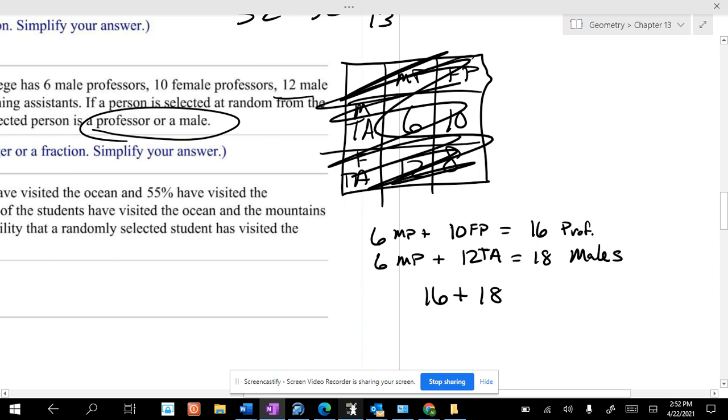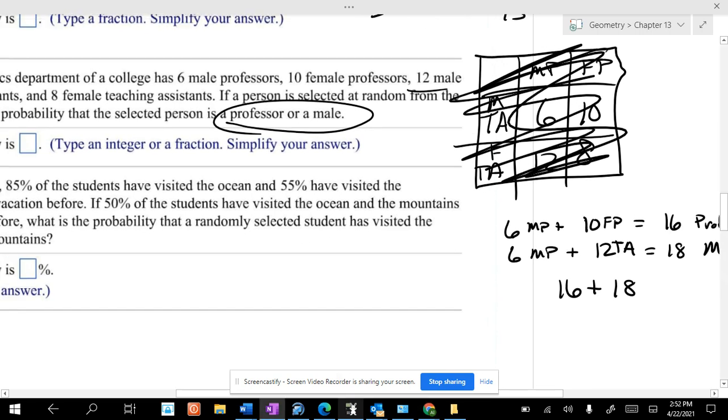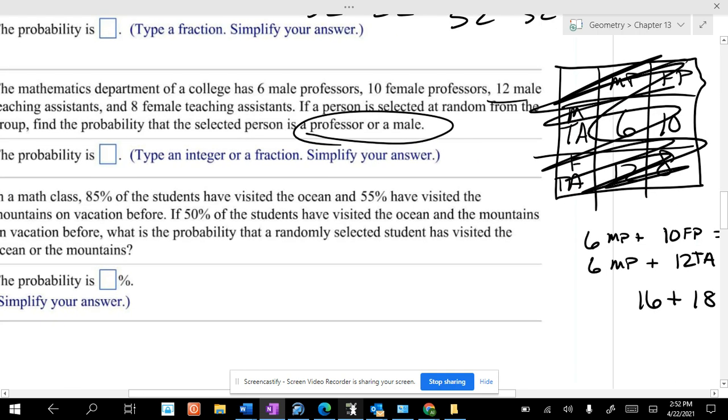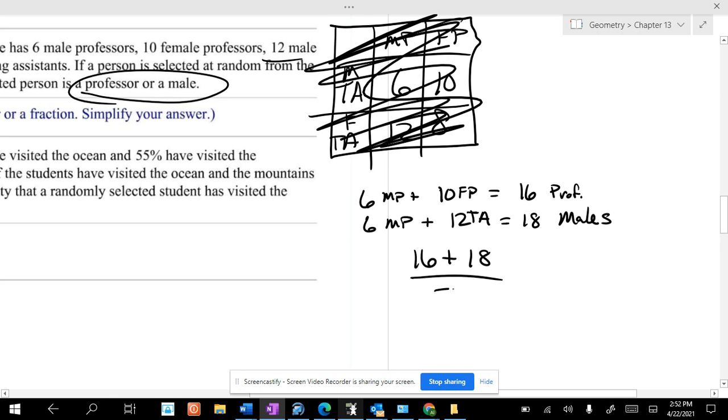Well, how many total people are there? Well, there's 6 and 10, and then 12 and 8. So there's 20 plus 16. There's 36 total people. Well, if you do this, that's 34 of the 36 that are male or professors, which is too many. What you have to do is subtract off the male professors.